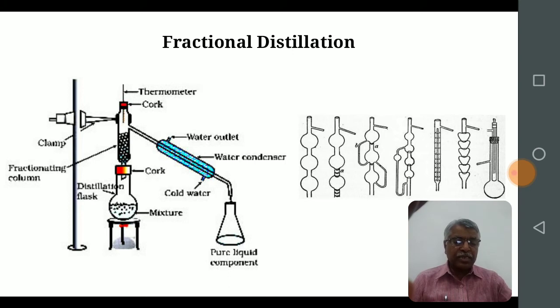This process is repeated at every point in the column, with the result that by the time the vapors reach the top of the column they consist mainly of component A, while the liquid flowing down contains mainly component B. In this way, a sort of distillation and condensation takes place in the fractionating column, which results in separating the pure components of the volatile substances in the distillate in one operation only.